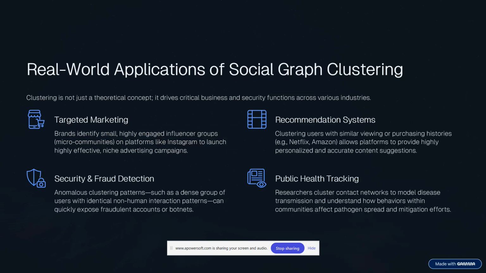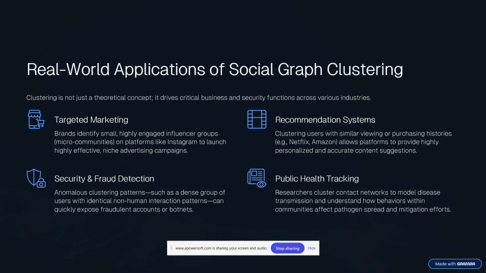Brands identify small, highly engaged influencer groups, micro communities on platforms like Instagram to launch highly effective niche advertising campaigns. Security and fraud detection. Anomalous clustering patterns such as a dense group of users with identical non-human interaction patterns can quickly expose fraudulent accounts or botnets.